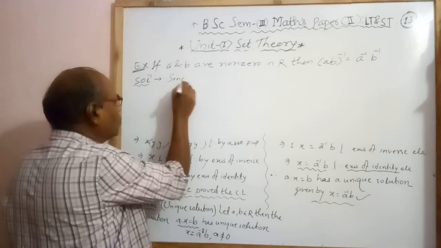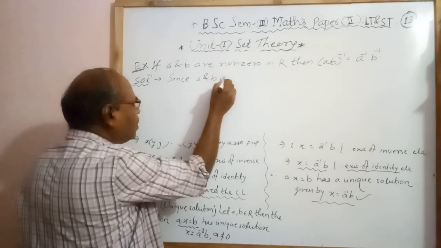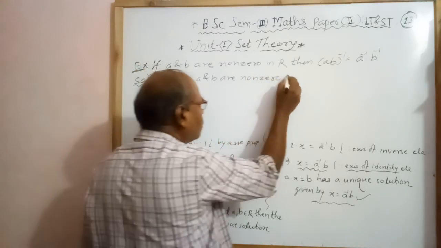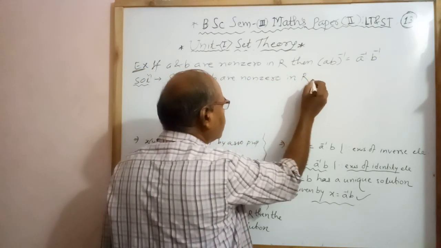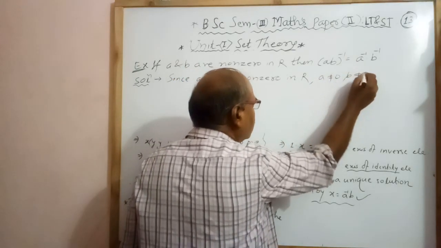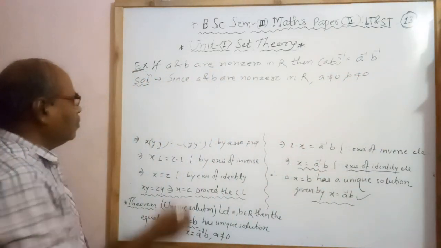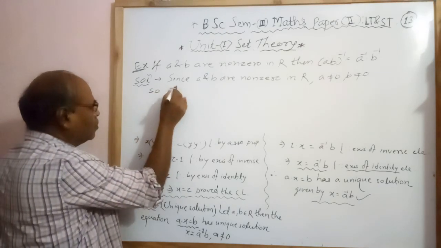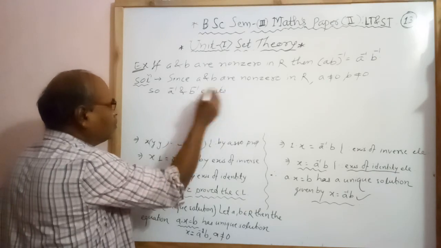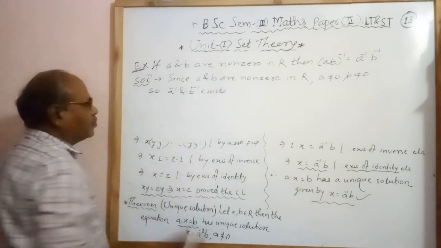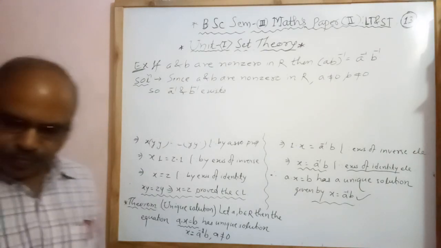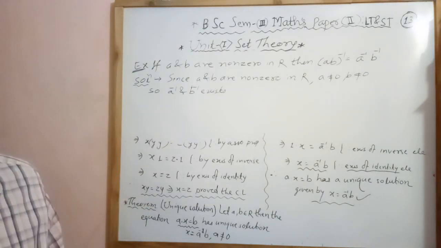Since A and B are non-zero in R, that is A is not equal to 0, B is not equal to 0, so A inverse and B inverse exist. Therefore, we multiply both sides by A inverse into B inverse.